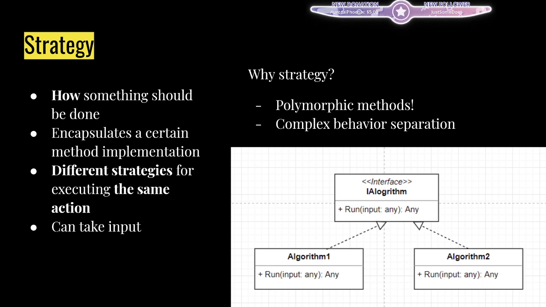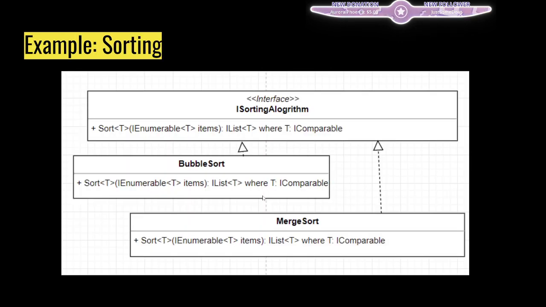So the outcome needs to match, the execution needs to match, but what happens under the hood varies. An example of this could be sorting algorithms. You could have sorting algorithms injected, bubble sort, merge sort, and they will sort differently. It's not very practical, of course, but at the same time, you could inject different AIs, passive AI, aggressive AI, and so on.